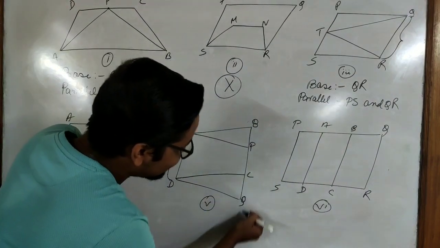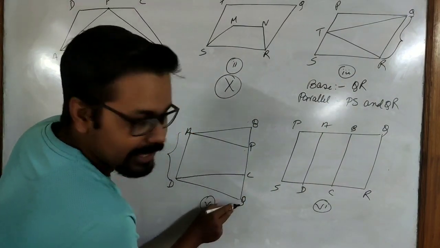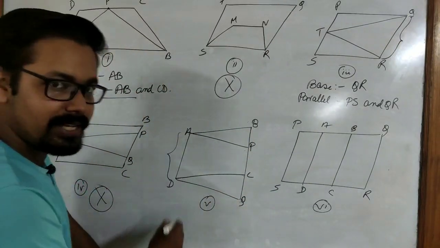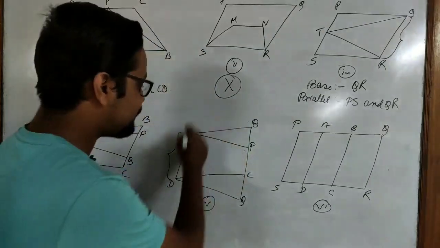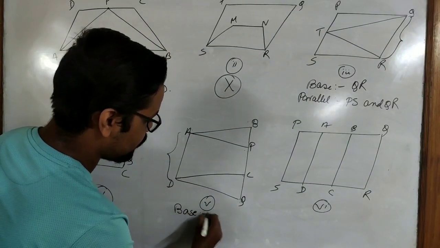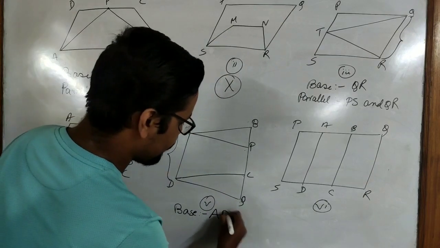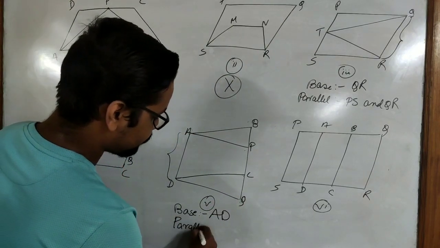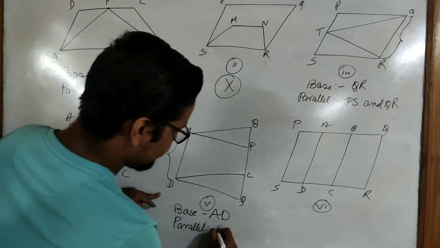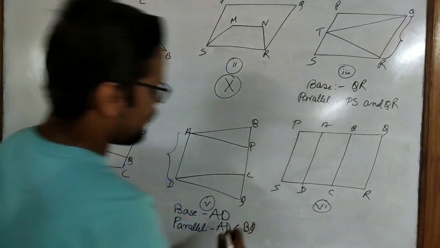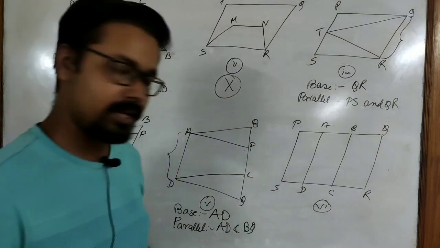Since this is one single line in which all the vertex lie, and this is the common base, therefore they are lying between the same parallel lines. So in this case, what is the base? The base is AD, and the parallel lines are AD and BQ.